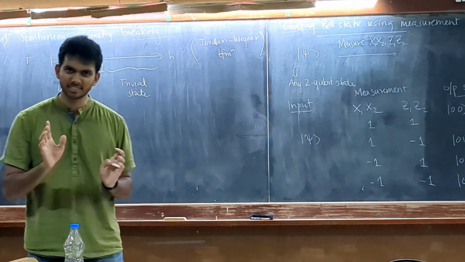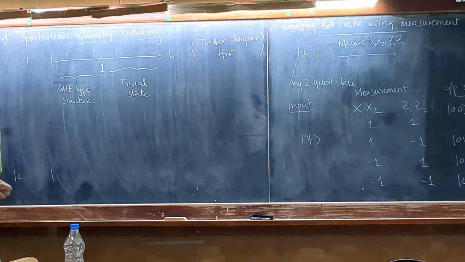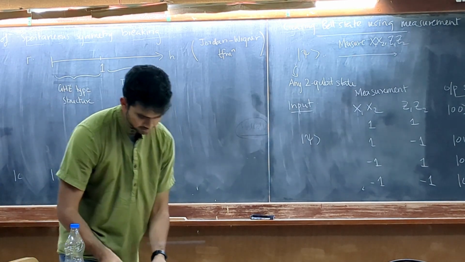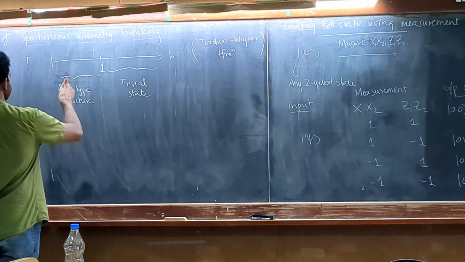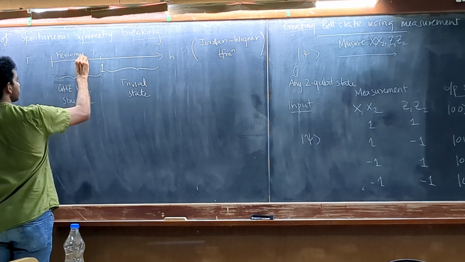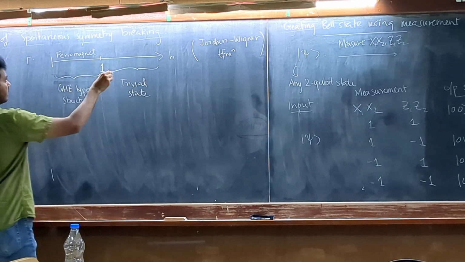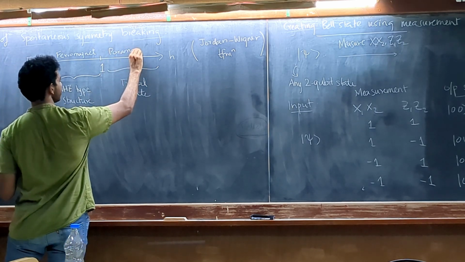And yeah, is that clear? So yeah, this has many names. This phase is called a ferromagnet. And this phase is called a paramagnet. This is again for historical reasons.